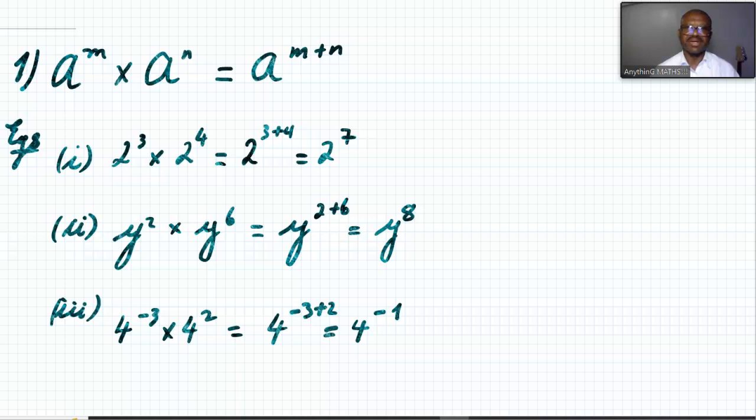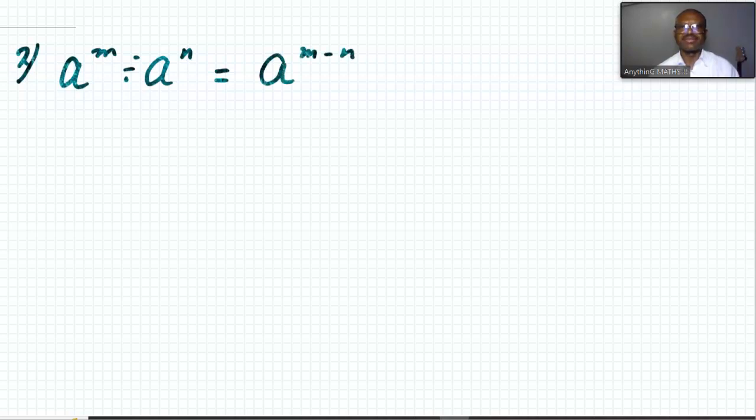Let's have a look at the second law. A raised to the power m divided by A raised to the power n is given by A raised to the power m minus n.